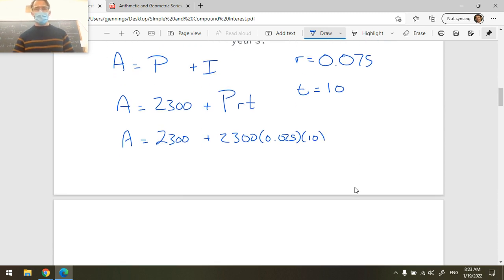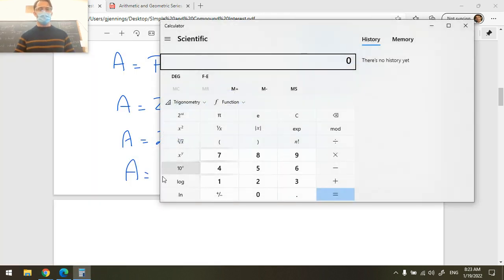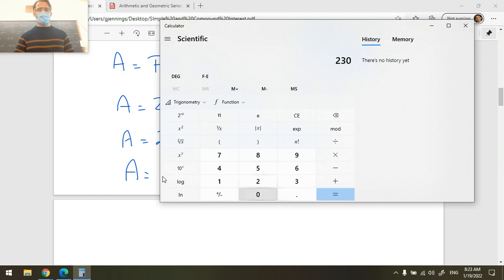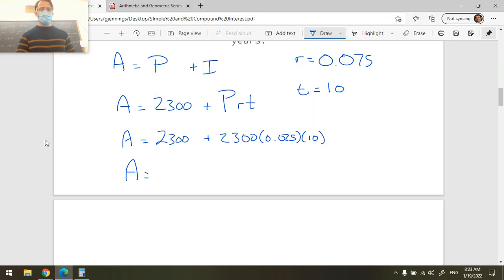Okay, and now let's evaluate. Now this we can just plug and chug on a calculator. 0.075 times 10 would just be 0.75, so it would be 3/4 of 23. And then we would have A is equal to, well, let's just punch it. Open up your calculator. 2,300 plus 2,300 times 0.075, that's the rate, times 10 equals $4,025.